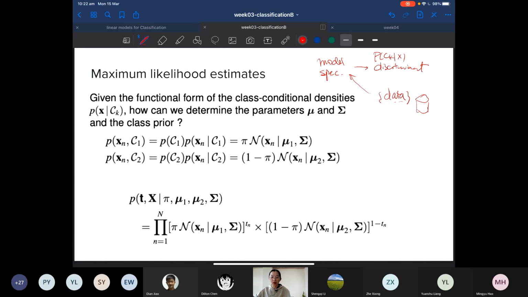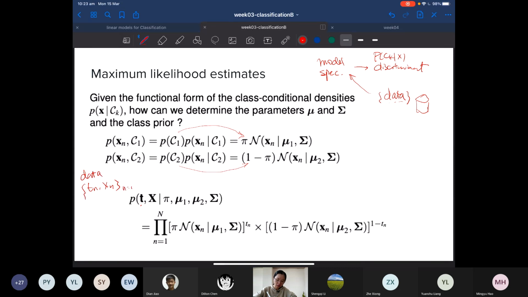The functional form of the class-conditional densities is Gaussian. Looking at the joint of the data and the class label, the prior parameter P of C1 is pi, and P of C2 is therefore 1 minus pi. We can write out the probability of observing the target variable given the X's as follows: for each data point, we have T sub n and X sub n.